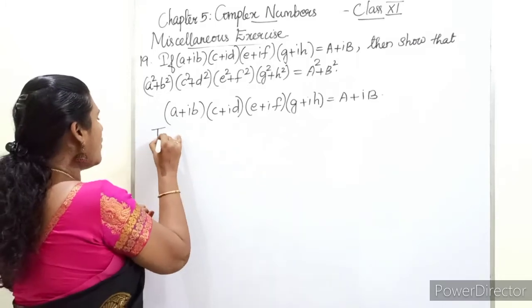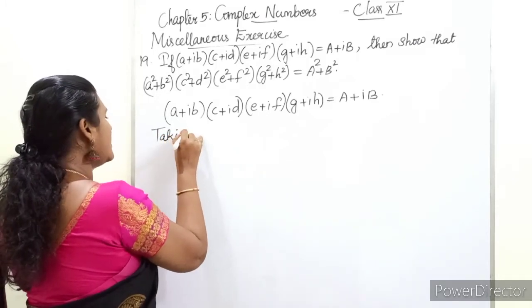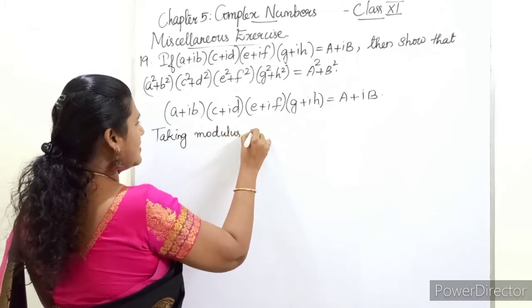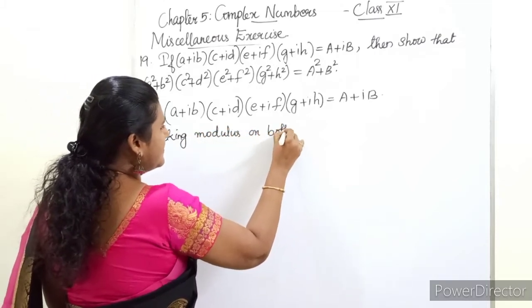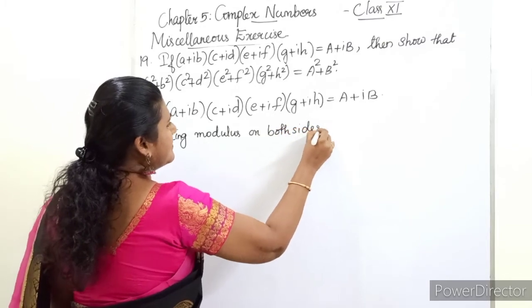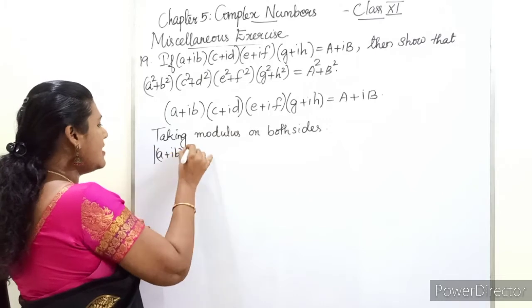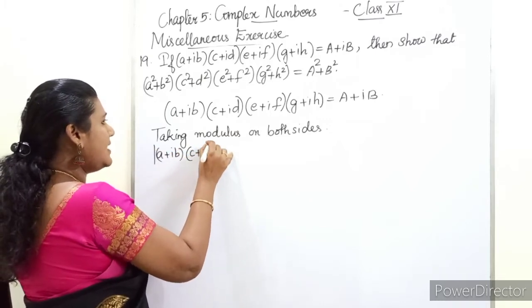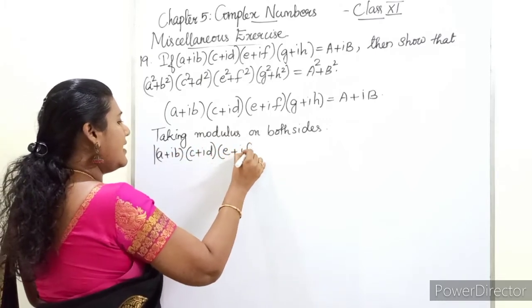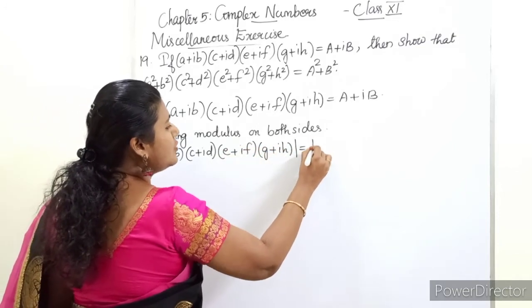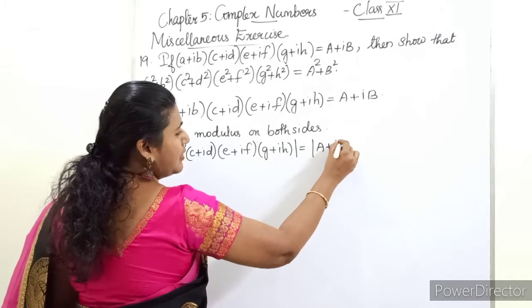So taking modulus on both sides, modulus of (a plus ib)(c plus id)(e plus if)(g plus ih) is equal to modulus of A plus iB.